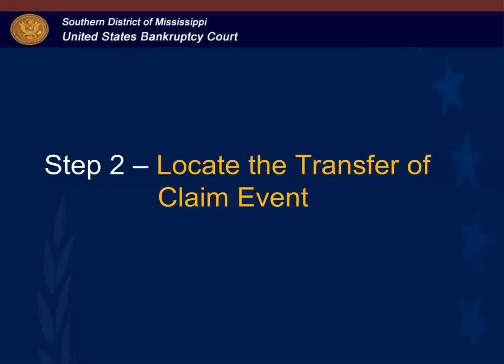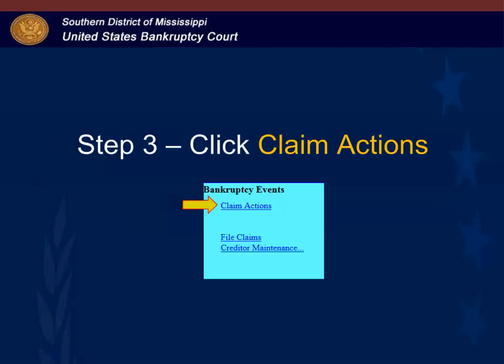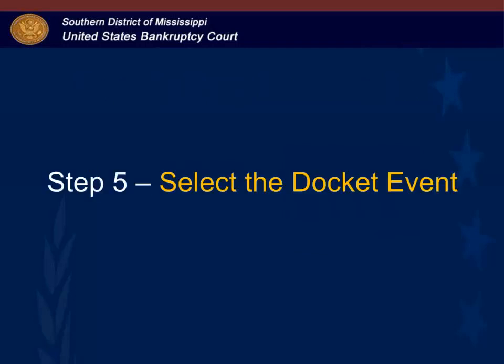The next step is to locate the filing event for the transfer of claim. On the Filing menu, select Bankruptcy, then select Claim Actions. Enter the case number and click Next. Locate and select the filing event for your transfer.